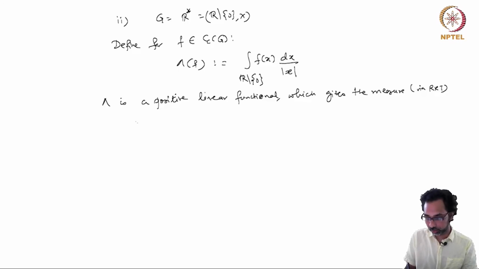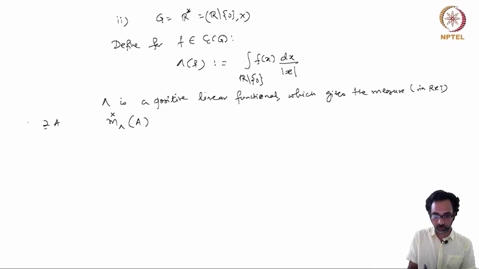given by, so let me denote m^× as the measure induced by λ. So m^×(A), where A is a Borel subset of R, is given by the integral over A of dx over mod x.